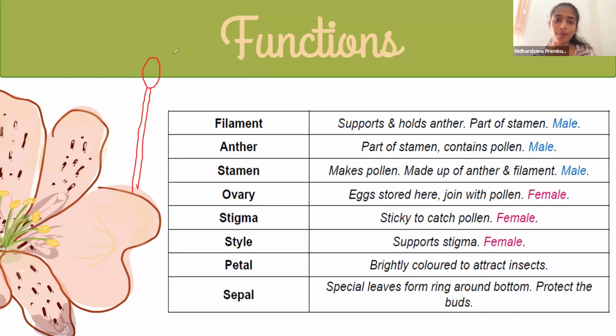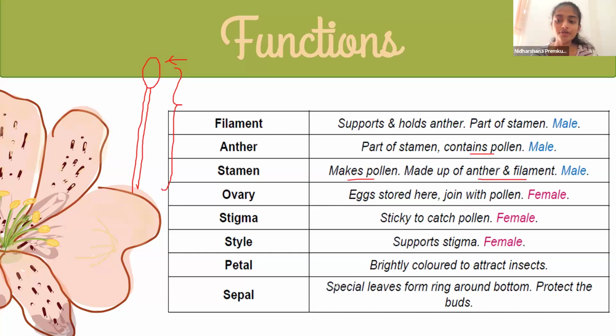The anther, the top part, is a part of the stamen and contains the pollen. It basically produces the pollen. Now the stamen, in general, the whole male part, makes pollen and is made up of the anther and the filament.